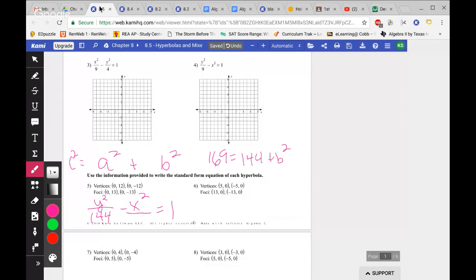I'll subtract 144 from both sides, and that's going to give me 25 equals b squared. That fits right under here. So now I have all of the information I need to write the equation in standard form of this hyperbola. It's y squared over 144 minus x squared over 25 equals 1.